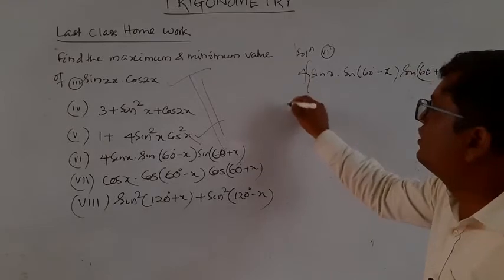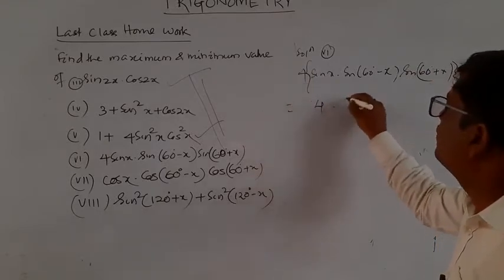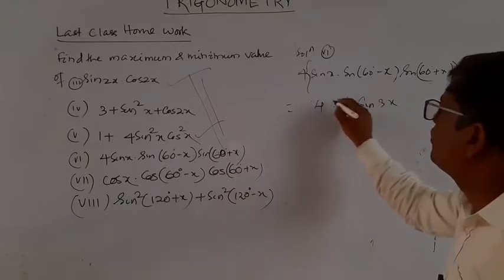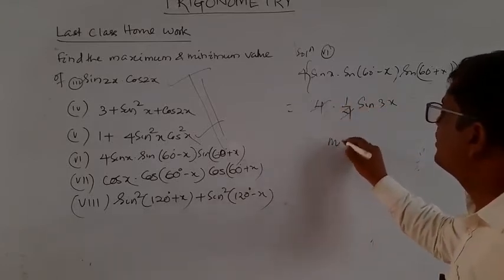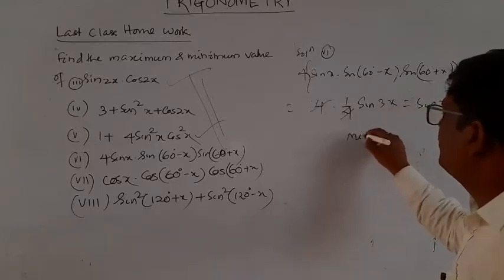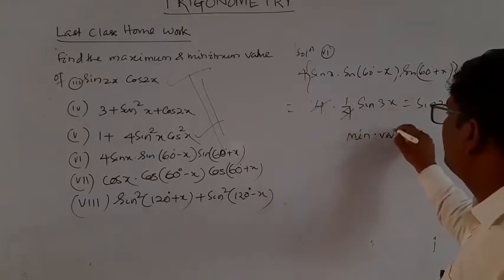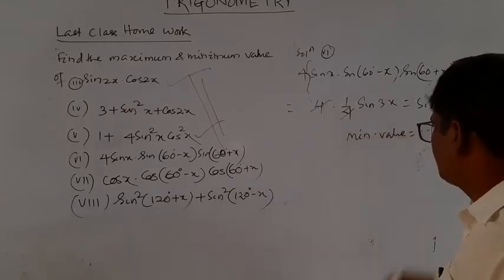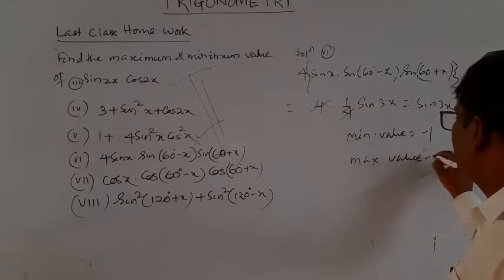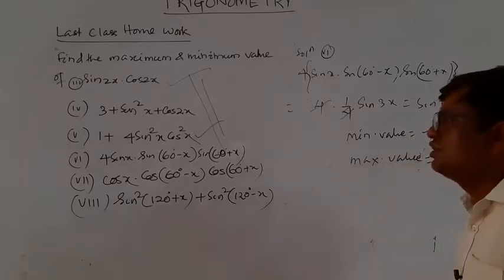So 4 into 1 by 4 sin 3x, the 4 cancels, and we get sin 3x. Minimum value is minus 1 and maximum value is 1. This is the answer of question number 6.